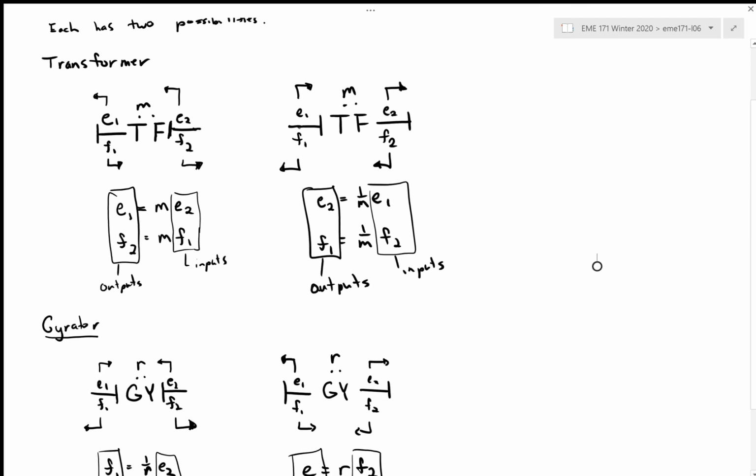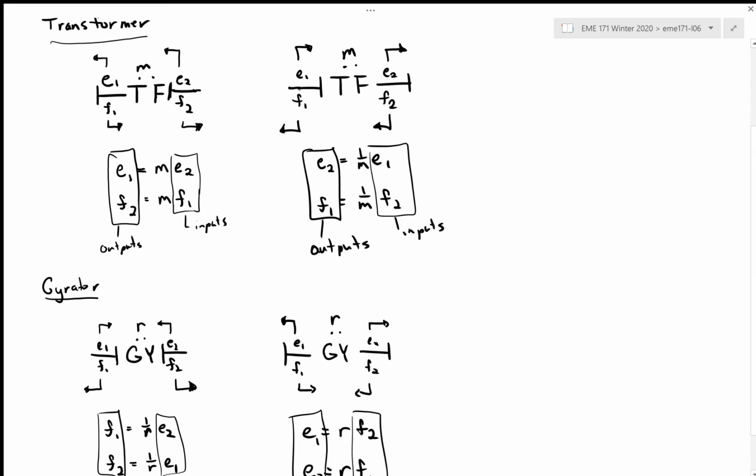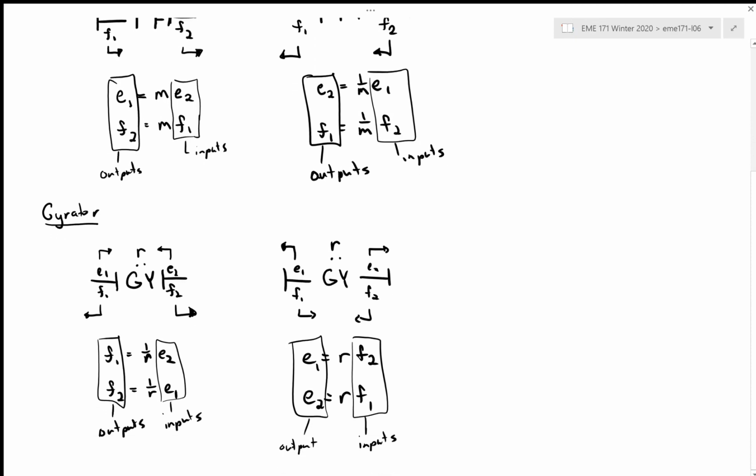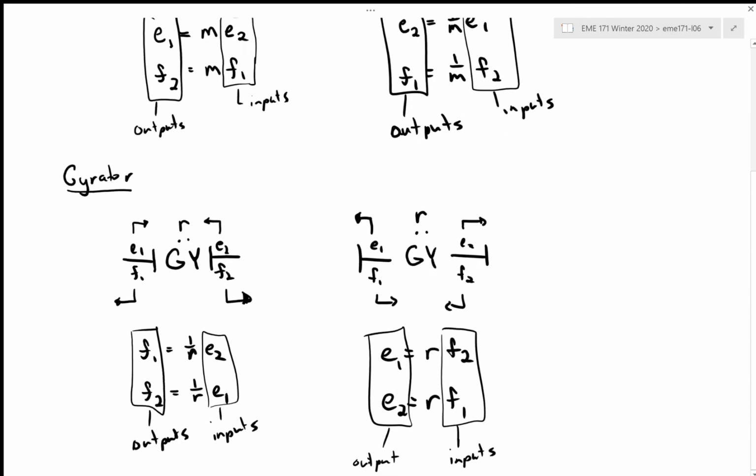So those are the causal possibilities for the transformer and the gyrator. Right? So the transformer has to have the causal strokes both on the left or both on the right, as I've drawn them, and the gyrator has to have them both to the inside or to the outside for the options there, and they will give us those equations.